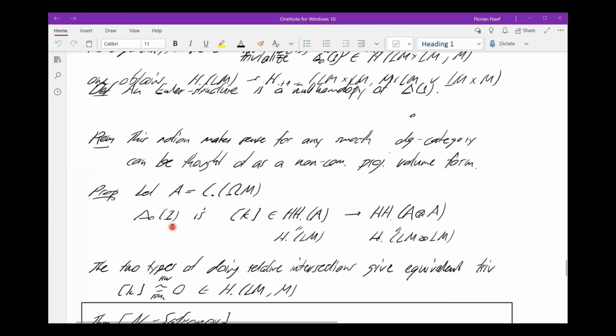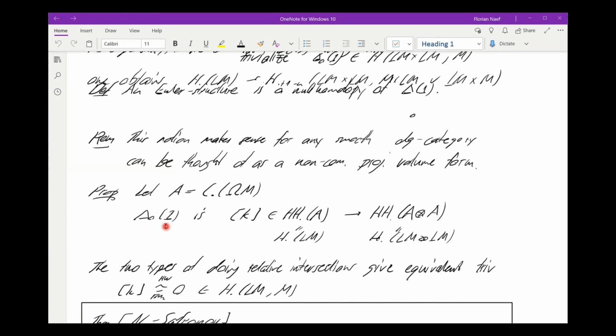Recall that each module over an algebra gives you a characteristic element in Hochschild homology. For that particular algebra, there is a module which is just the ground field. If you take the class of that in Hochschild homology, it turns out that this is the same as this delta 0.